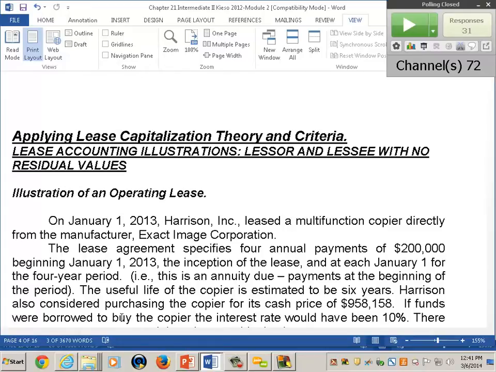The interest rate is the rate that would have been incurred on debt, so this is the incremental borrowing rate, and I'm going to assume it's equal to the implicit rate.